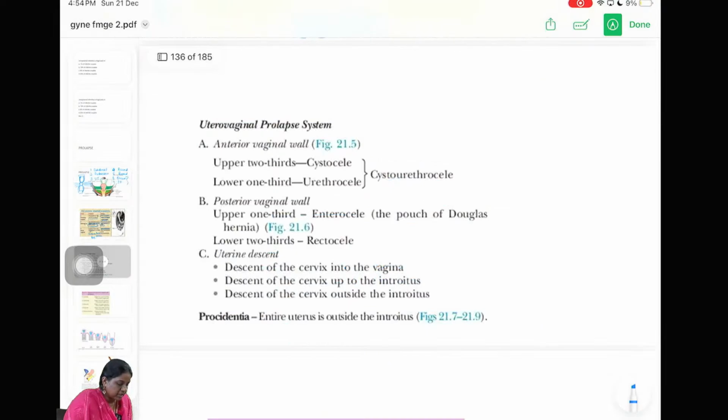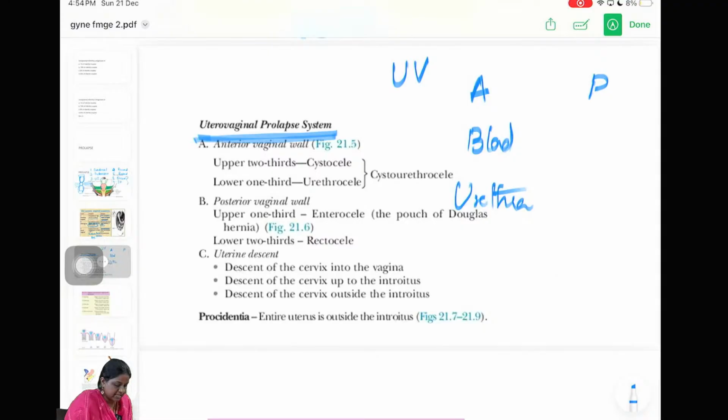In the uterovaginal prolapse system, anterior and posterior, what structures are present anteriorly? Bladder and urethra, is it not? And posteriorly, it is the intestine, that is enterocele, and the rectum. So the upper anterior wall prolapse is bladder, the lower anterior wall prolapse is urethra.